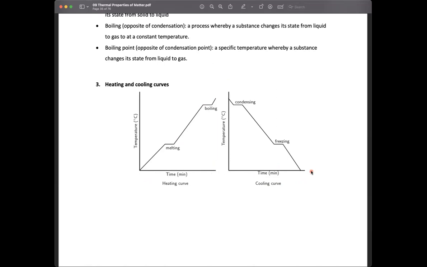Okay, so which part is the kinetic energy that increased? Let me show you all.